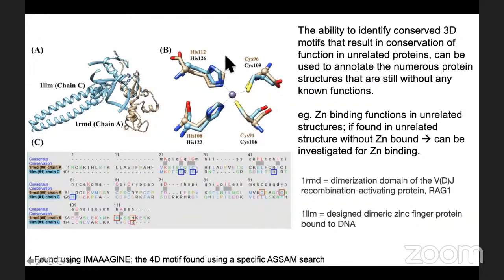It's possible here that the proximity of these could also form a disulfide bridge, so we could have a redox mechanism for metal binding here as well. Clearly, these two proteins are unrelated. When you superpose them, you can see that they come together very well, but the two proteins themselves are very unrelated. One is the dimerization domain of a recombination activating protein, this one here, and the other one is a zinc finger bound to DNA, as you can see the DNA here.